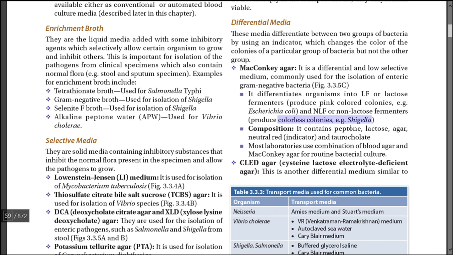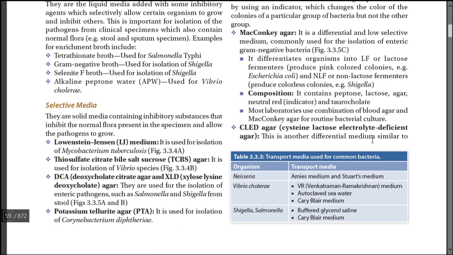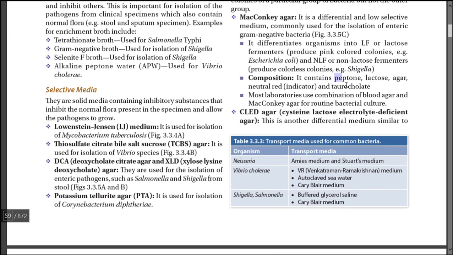The composition is peptone, lactose, agar, neutral red indicator, and taurocholate. A combination of blood agar and MacConkey agar is used by most laboratories for routine bacterial culture.